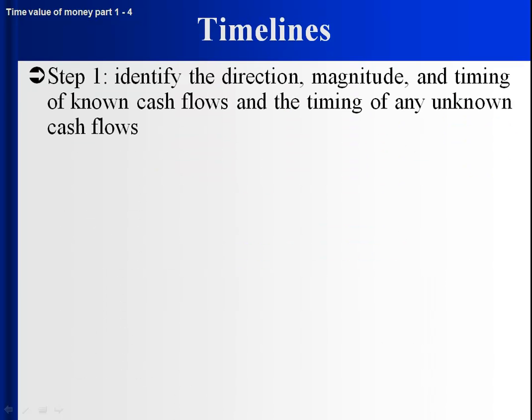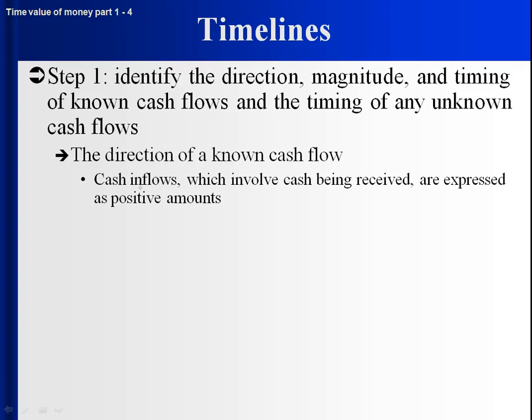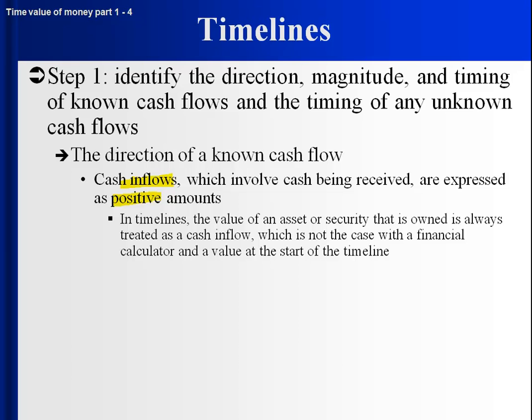So step 1, direction, magnitude, and timing. Direction: if we know the cash flow, and if it is an inflow, money coming to us, that will be positive. Also, if we're looking at an asset or a security and it has positive value, a building, a stock, a bond, a piece of real estate, then the value of that is reflected as a cash inflow and it's positive.